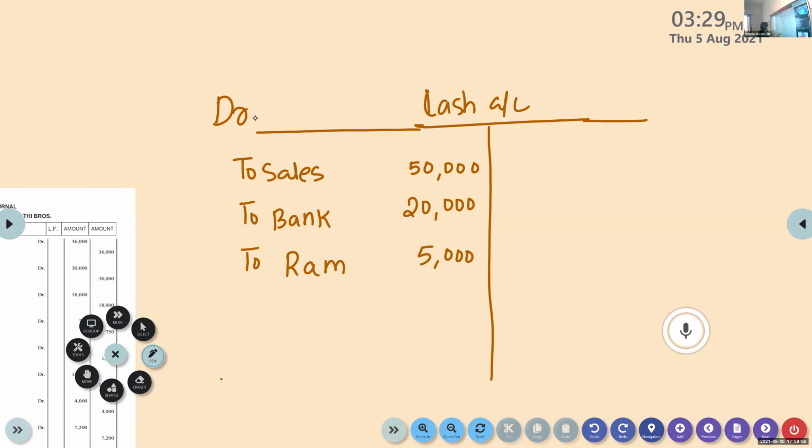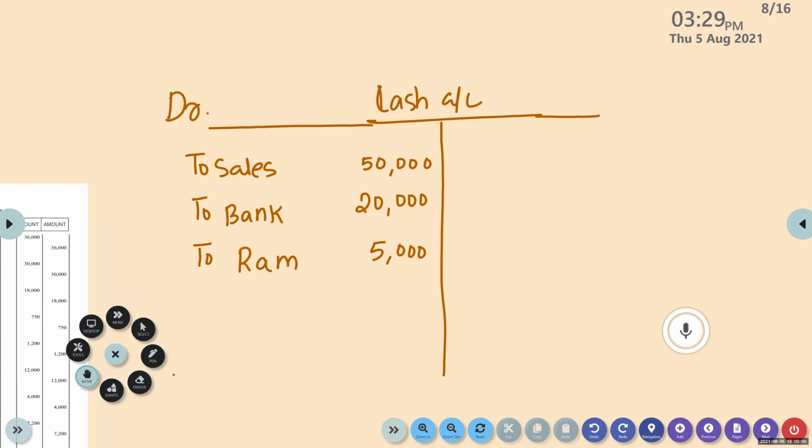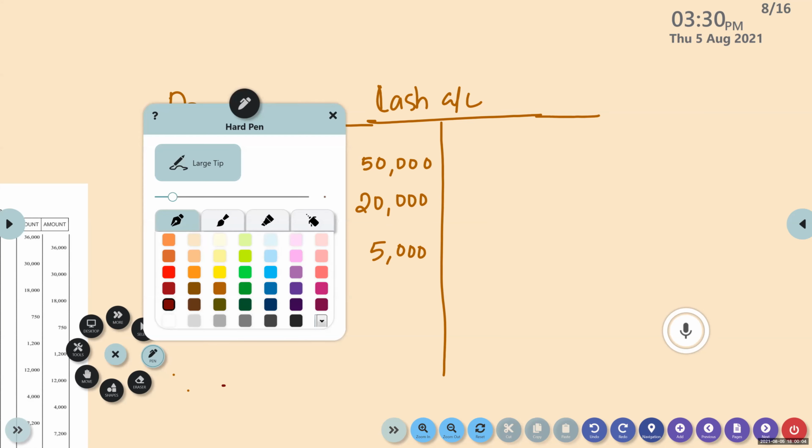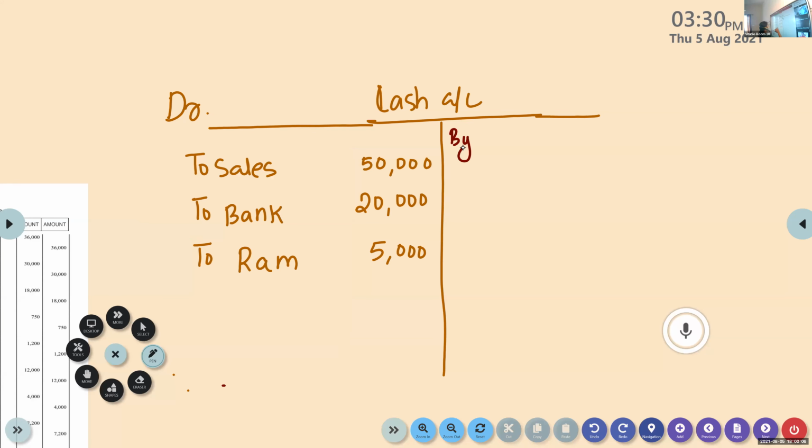Okay. Coming to the right hand side. Buy purchase 5,000. Simple figures. Buy stationery.